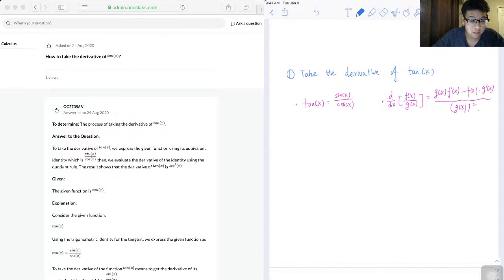Like I just mentioned, instead of solving the derivative of tangent x, we solve the derivative of sine x over cosine x. So it can be written like this: tangent x equals sine x over cosine x.